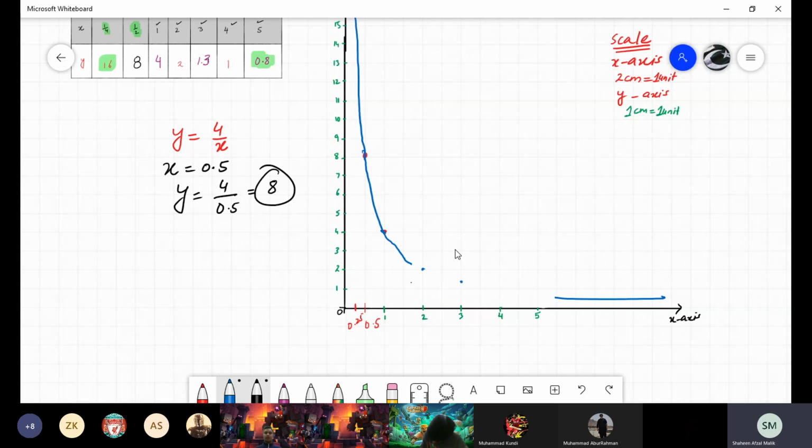And for 4, it is 1. And here it is 0.8. So when you join these lines, these are the points you are getting. Yes, boys. Did you get the same line?